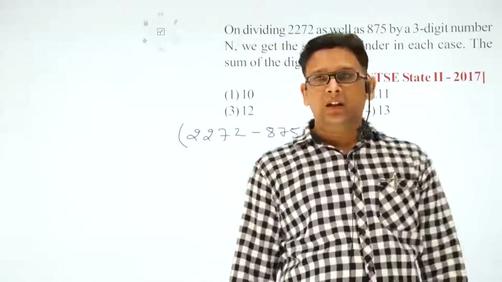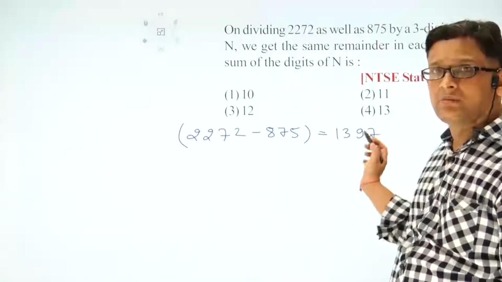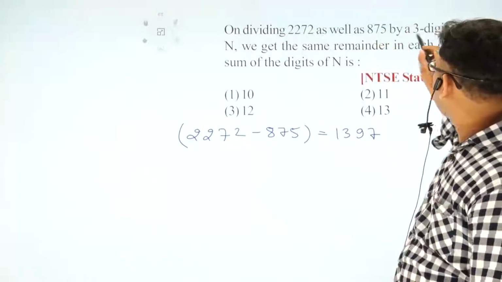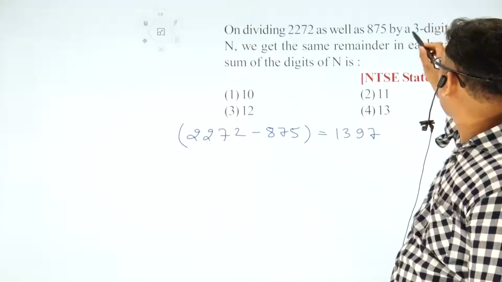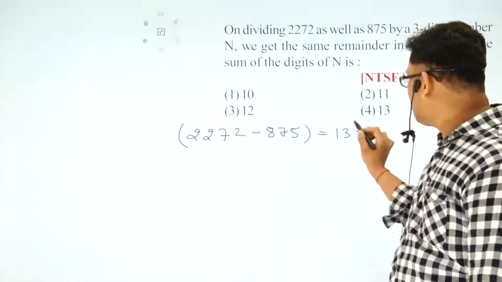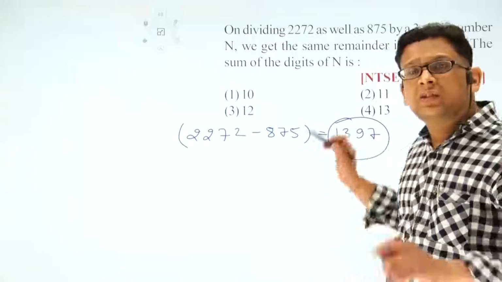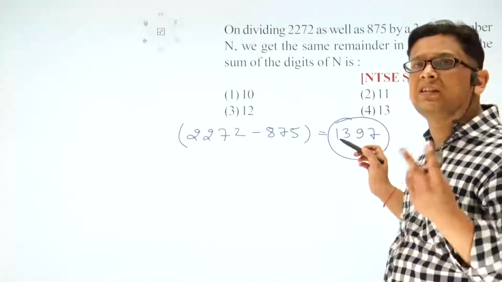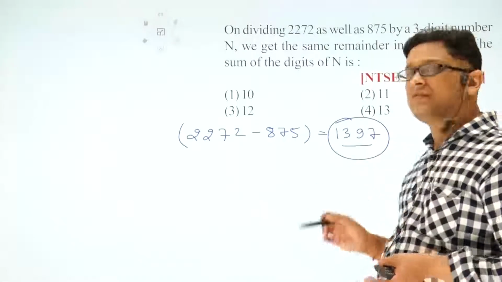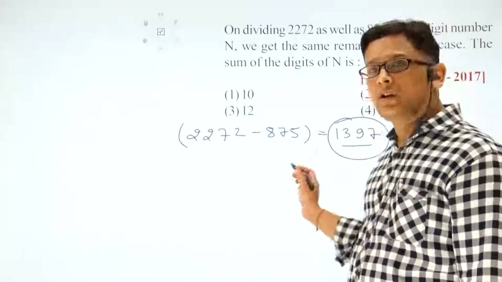This is the number which is exactly divisible by the 3-digit number that gives the same remainder in each case. But the question says a 3-digit number, and this is a 4-digit number, so we are going to factorize it.